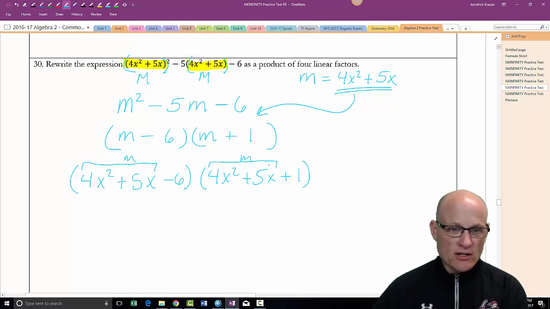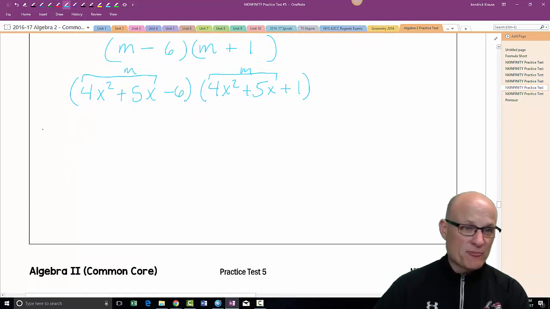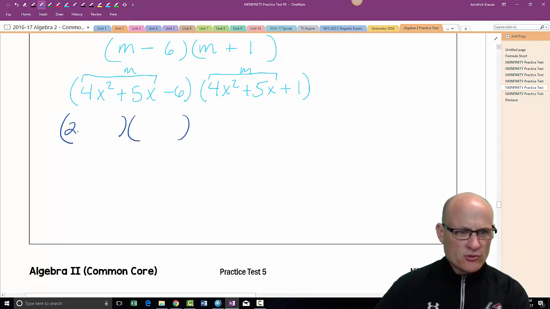All right. Well, if that's the product of 2, but now I want a product of 4, that means probably each of these is factorable. 2x, I'm going to guess 2x and x. Let's go with 3 and 2.